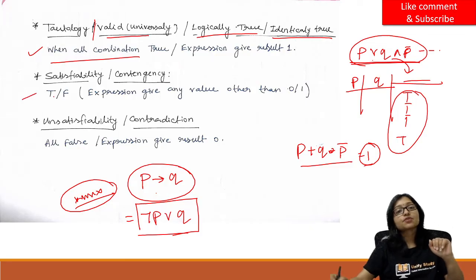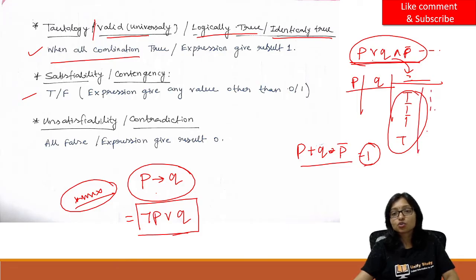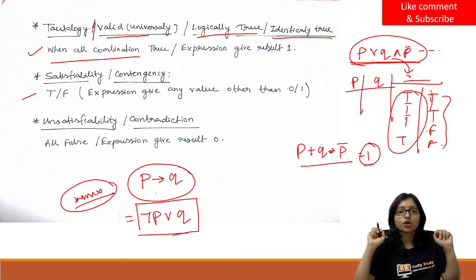What is then satisfiability or contingency? Satisfiability and contingency means when you are solving this expression, if you are getting in the truth table some of them true and some of them false, a combination of true and false, then that is called satisfiability or contingency.